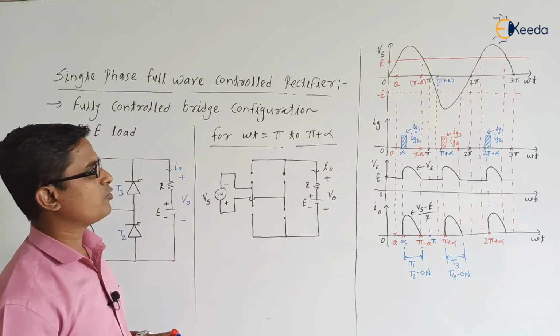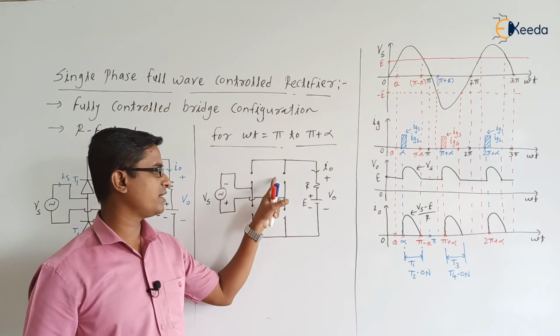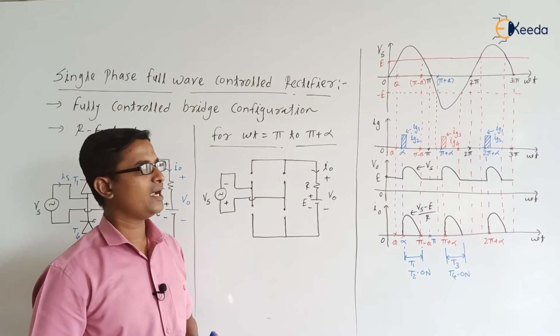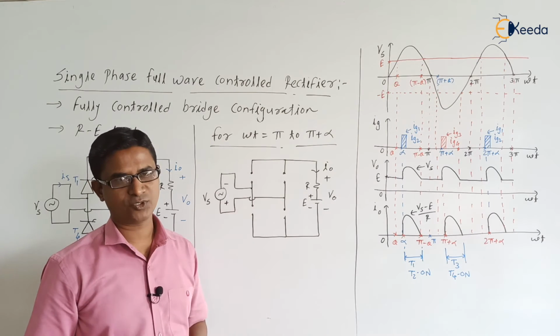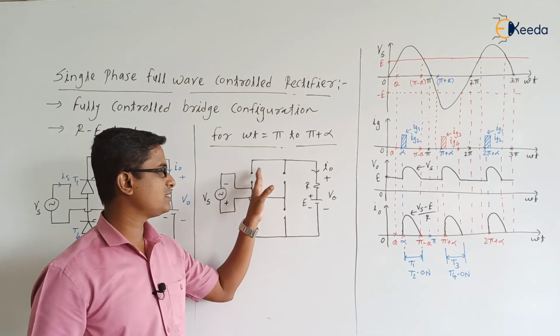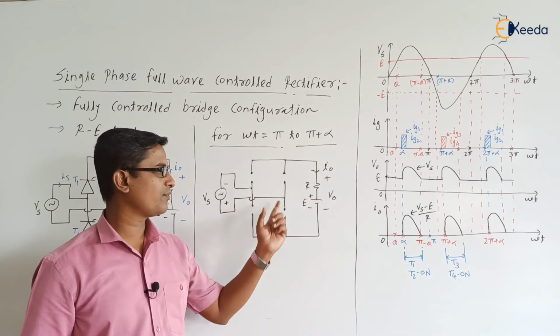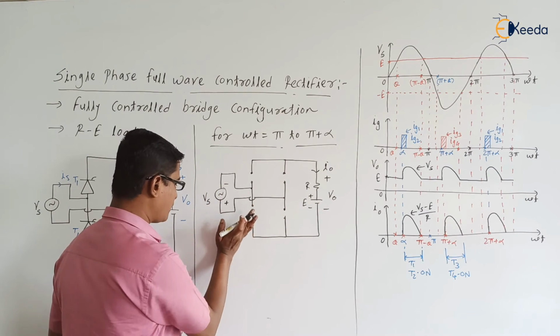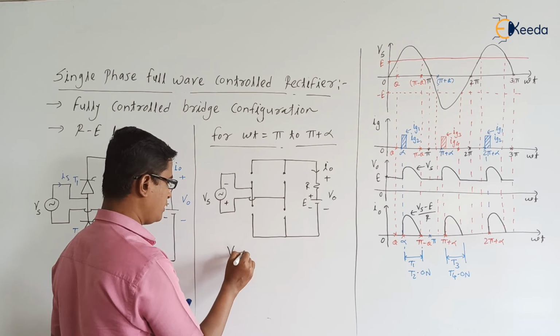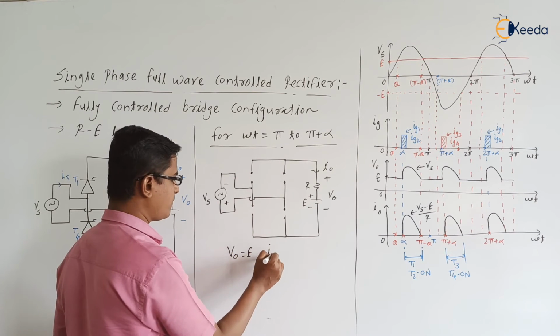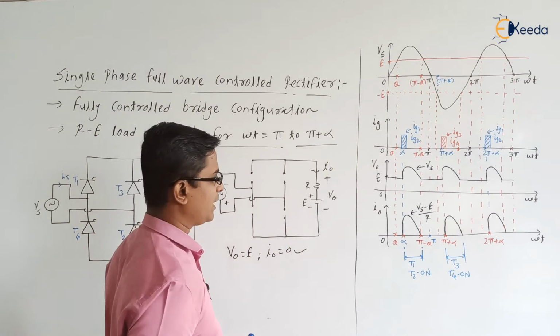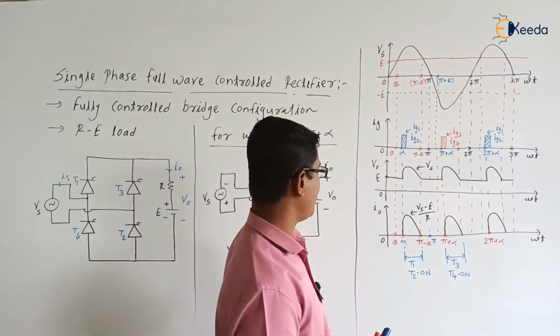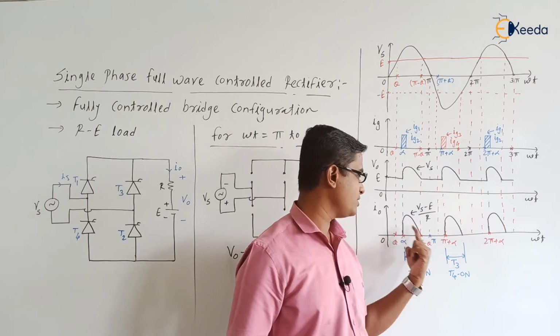During pi to pi plus alpha, we have not applied the gate signal to T3 T4, and T1 T2 are already in reverse bias mode. So what is the output voltage? Current will not flow from the source towards the load, so the output voltage V0 is equal to E only, and I0 is equal to 0. So from pi to pi plus alpha, V0 is E and I0 is 0.